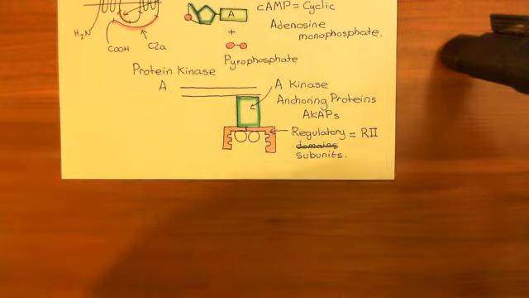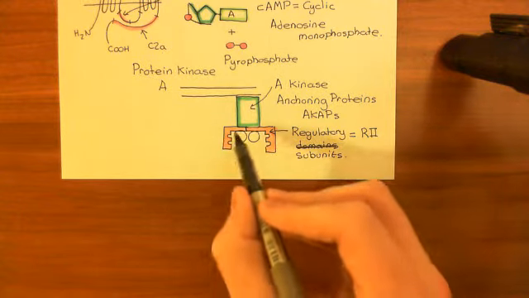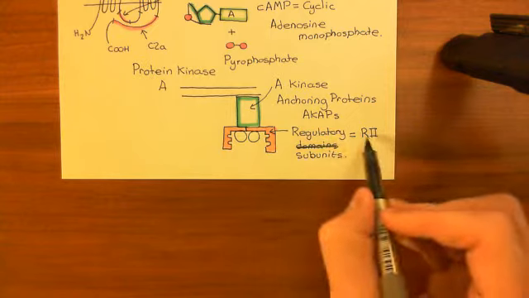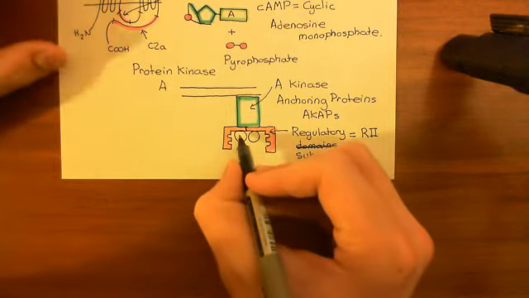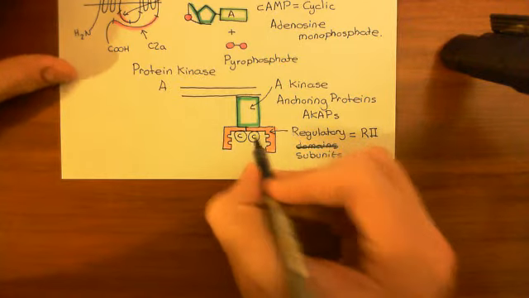Right, so if you want to make a type 2 protein kinase A molecule, you need 2 of these type 2 regulatory subunits of protein kinase A, and then you also need 2 of these catalytic subunits, which are these balls in here.